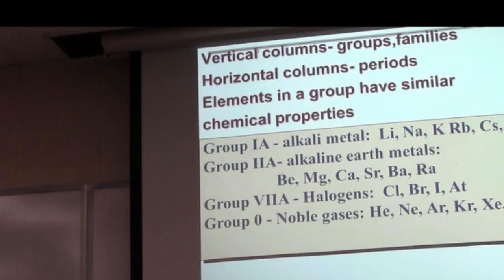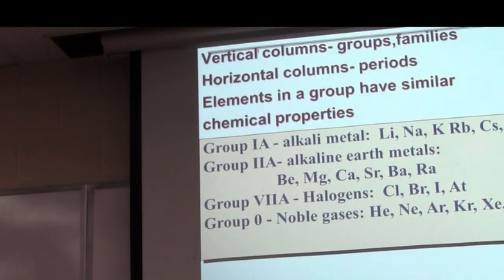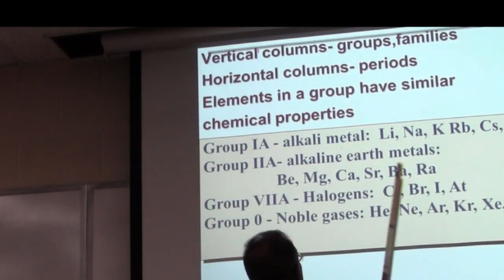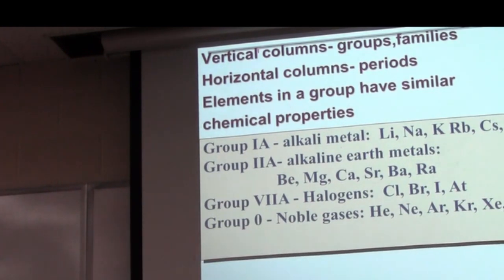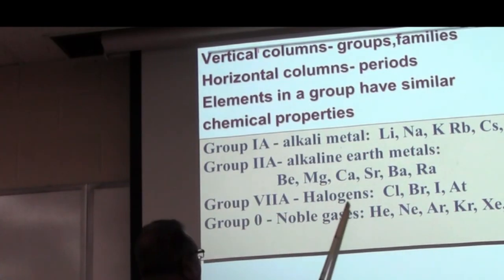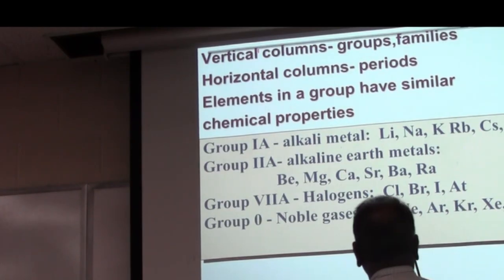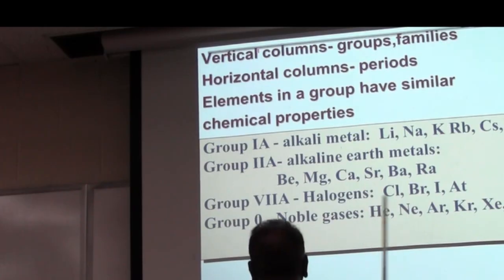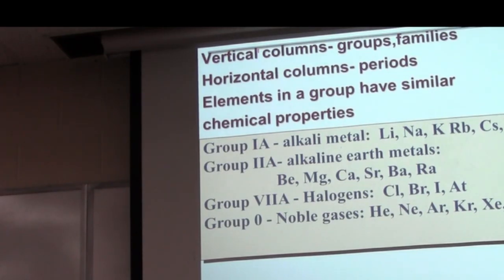Okay, as I said before, group 1A is that one. This one is group 1 or 1A, the alkali metals, and group 2A, that is group 2, is the alkaline earth metals, and the halogens, that is fluorine, chlorine, bromine, iodine. Group 0 is the noble gas. Right, group 18.